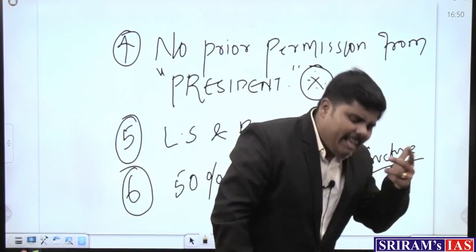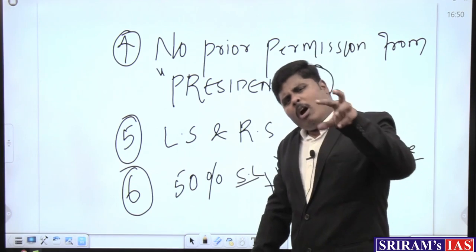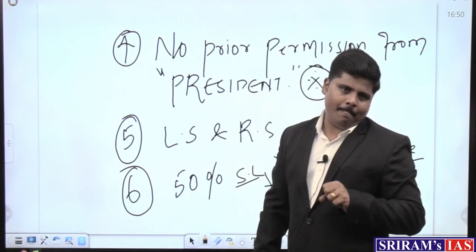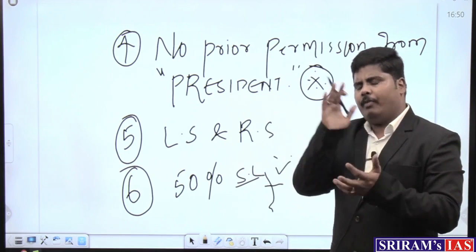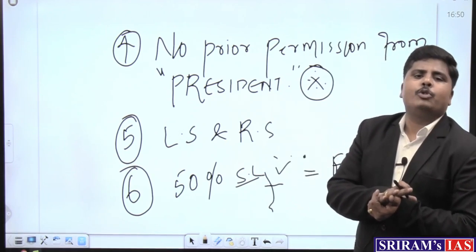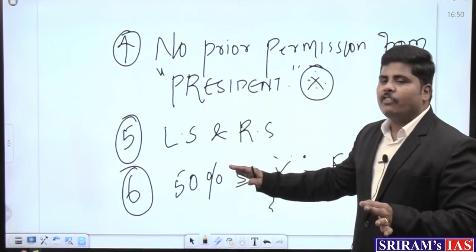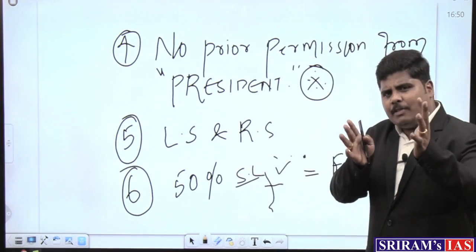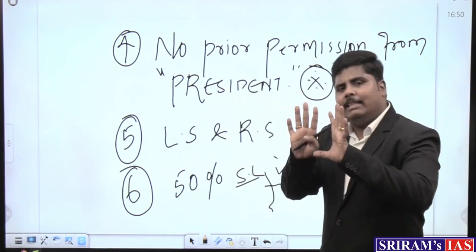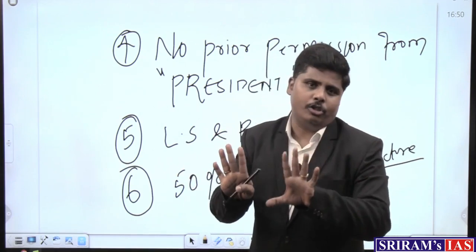A question again comes into our mind, sir, 50% you are saying, within what time do they have to give the reply? Do they have any time factor, or can they just drag the matter for n number of years? For this, the constitution is silent. They simply say 50% of members must give their assent. When 50% of states are giving the approval, that's enough. A time limit has not been codified in the constitution.